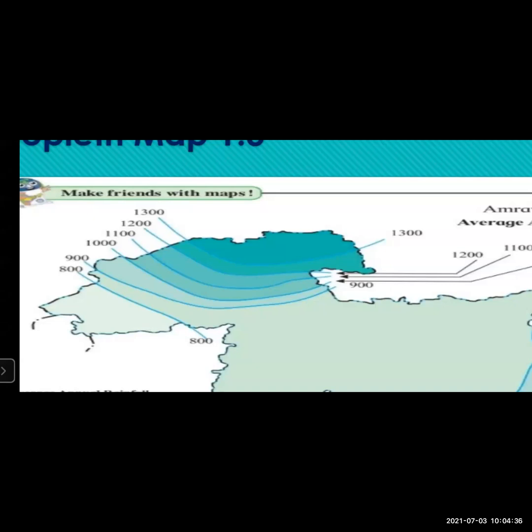It is assumed that the difference between altitude or rainfall of two places changes at the uniform rate. So it is assumed that this type of differentiation may change at the uniform range. So this is what you have seen here, the isopleth map.